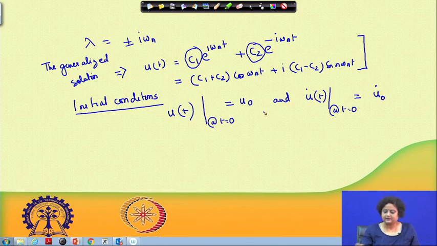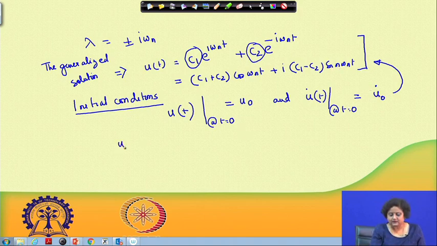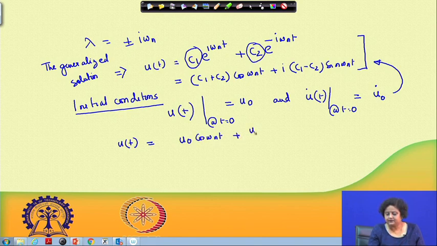Let me plug these into the generalized solution that we have got. If we plug this in and solve it, we will get u(t) equal to u0 cos ω_n t plus (u dot 0 / ω_n) sin ω_n t.